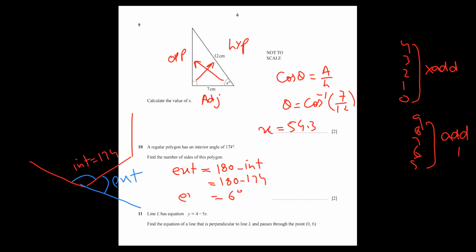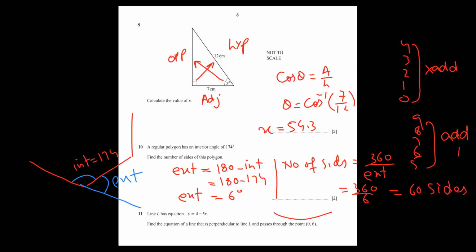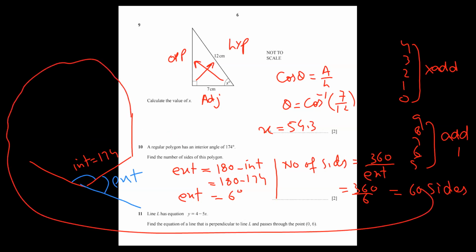So we got the exterior angle, and we have one special formula to find the number of sides. The formula is number of sides equals 360 divided by the exterior angle. If I divide 360 by 6, this 6 from the exterior, it gives you 60 sides. It means the polygon in which the interior angle is 174 has 60 sides in total.